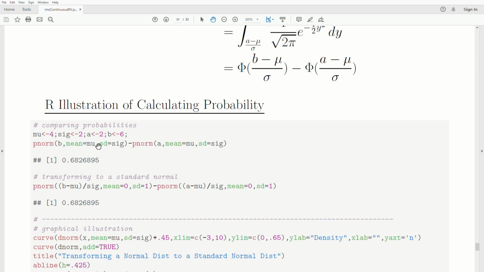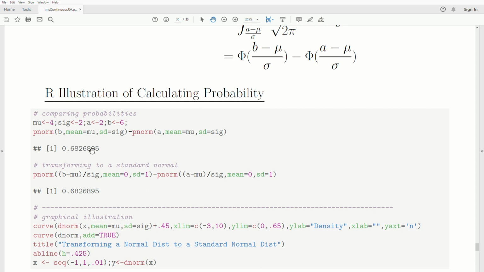So to take the difference of the CDFs, we want the CDF at b minus the CDF at a, and pnorm is the CDF function. We're telling it that this is a normal distribution with mean mu and standard deviation sigma in both cases. And we get 0.682, etc.